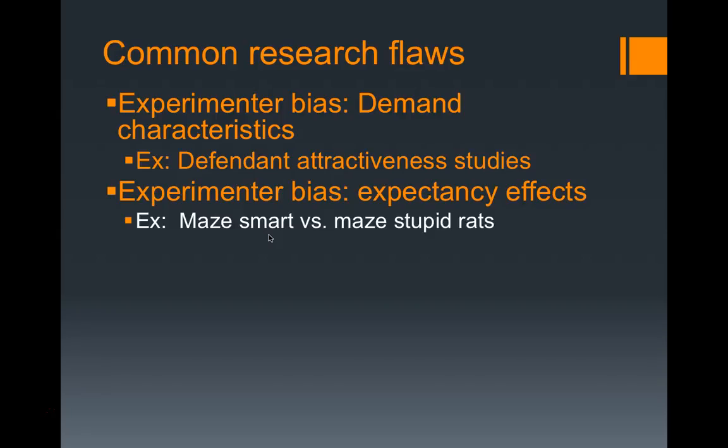Maybe they were more relaxed, less nervous in handling the maze smart rats than the maze stupid rats. They might have been more patient. Who knows? But the expectation that your rat would learn fast led to the rat learning faster than rats for whom the expectation was that they were maze stupid.